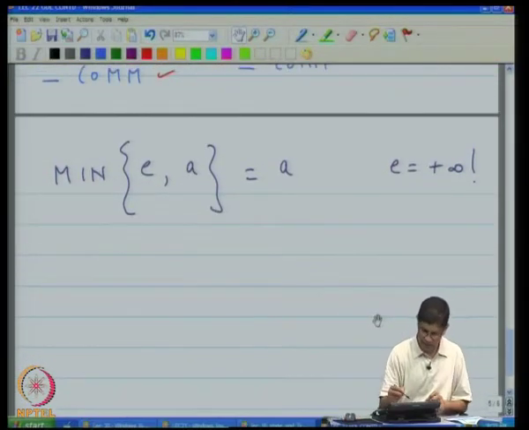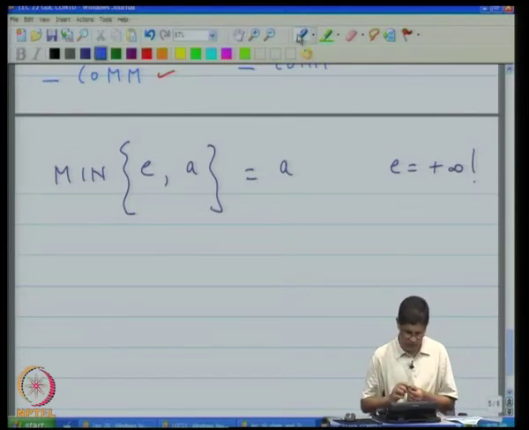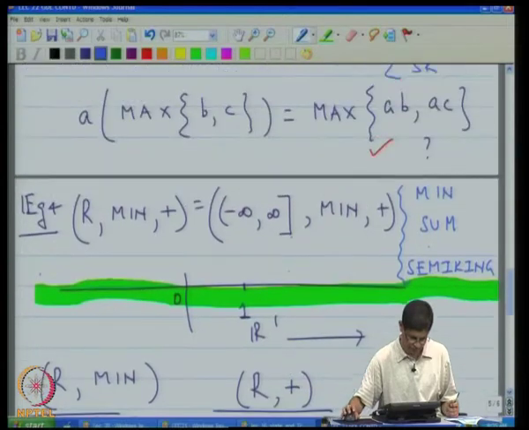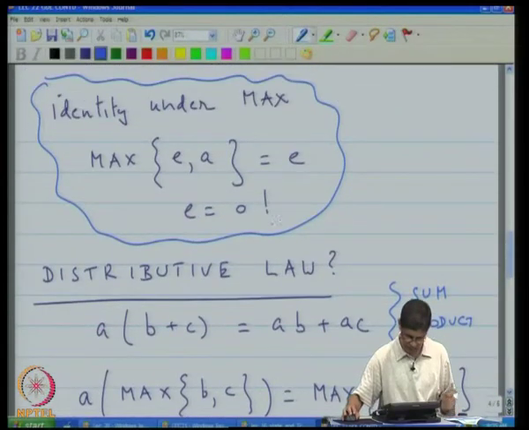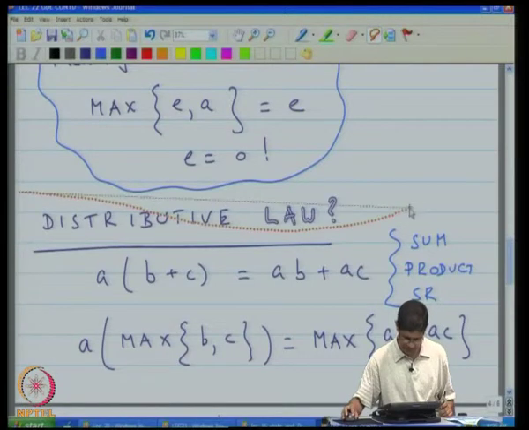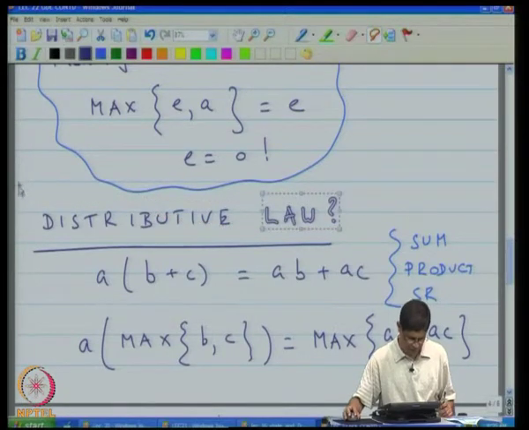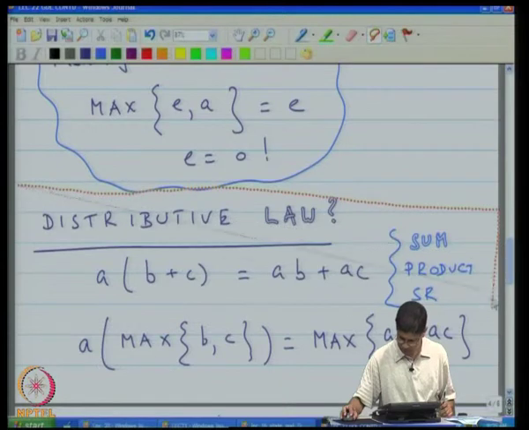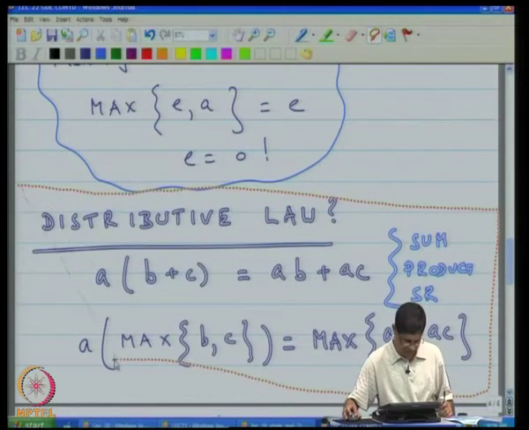Then the question is, as before, is it true that the distributive law holds? Okay. So, since I am going to ask the same question as before, I am just going to copy from here.